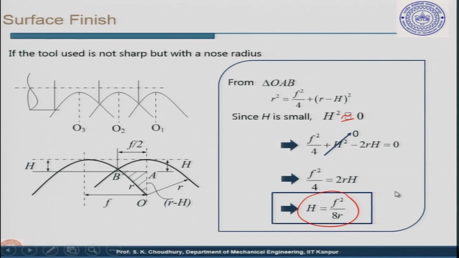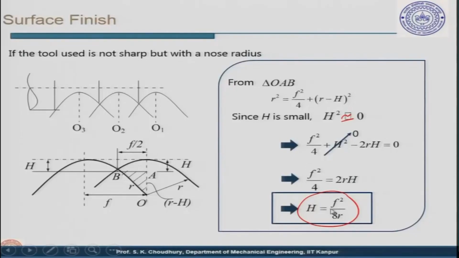Therefore, we always say that the tool should be rounded off, up to 3 millimeter, because beyond 3 millimeter, I will remind you, the components of the force normal to the tool edge in the radial direction will increase. That will detract the tool from the workpiece and there will be self excited vibration.